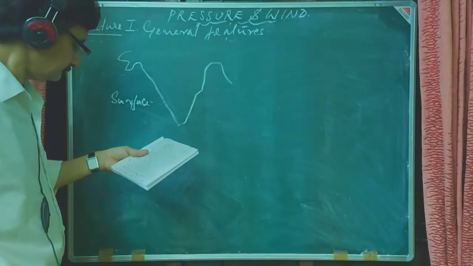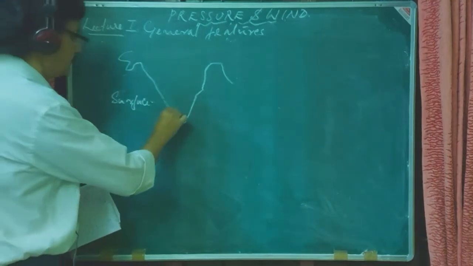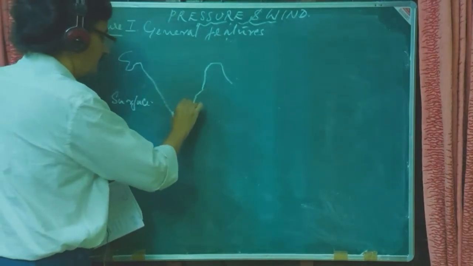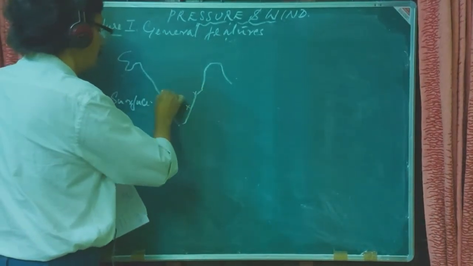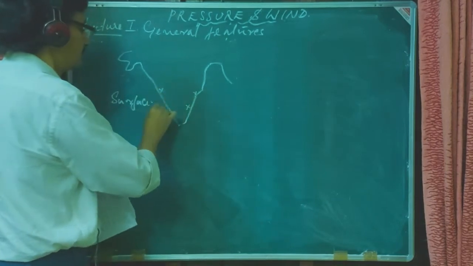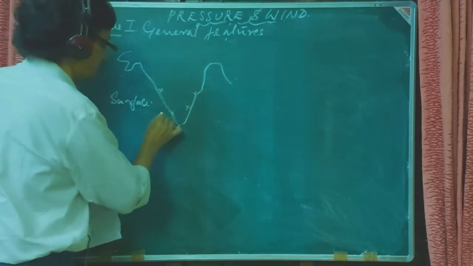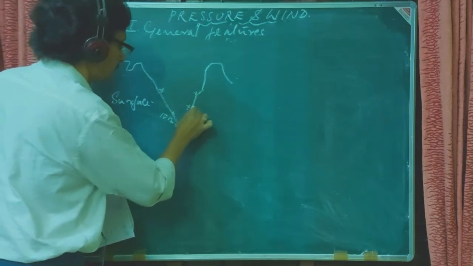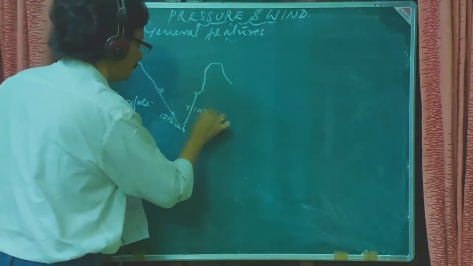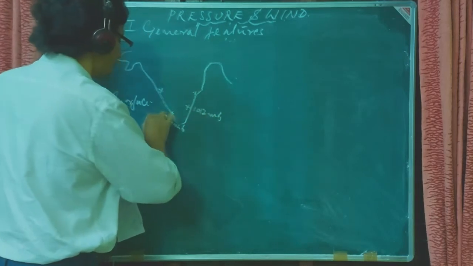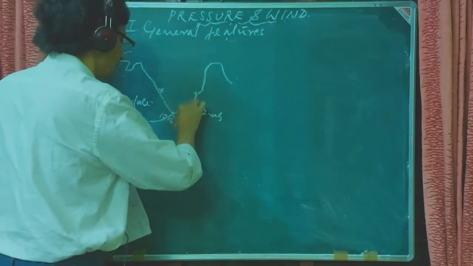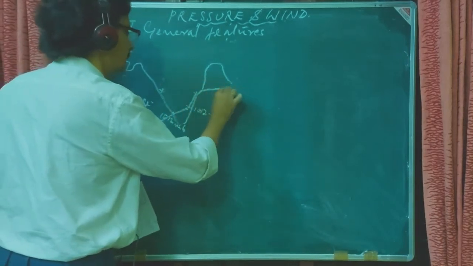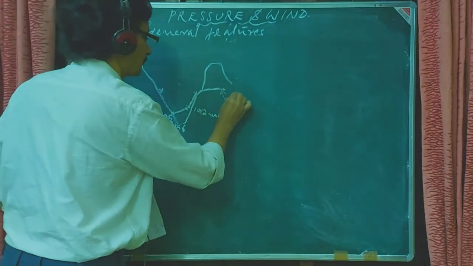The points which have the same atmospheric pressure, say 1012 millibar, if I connect them, this will be called an isobar.